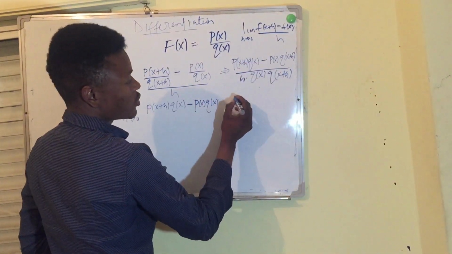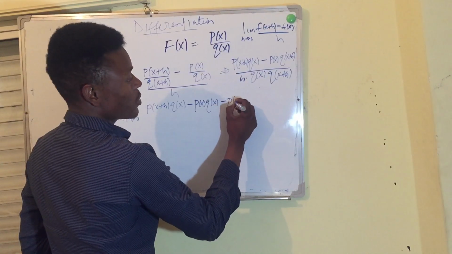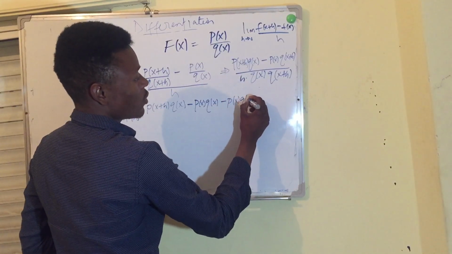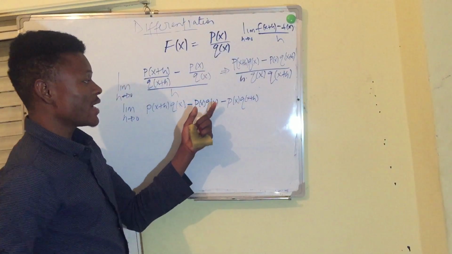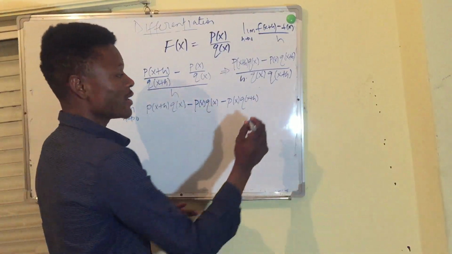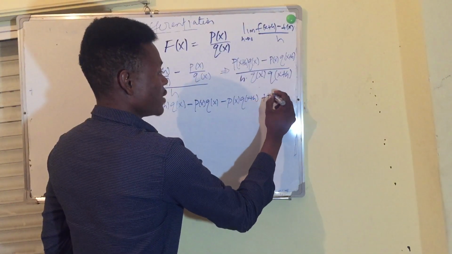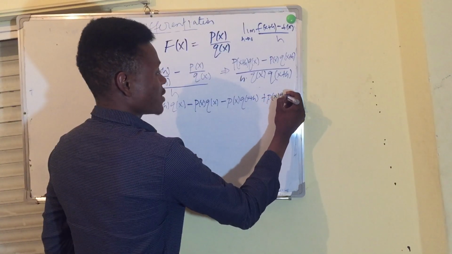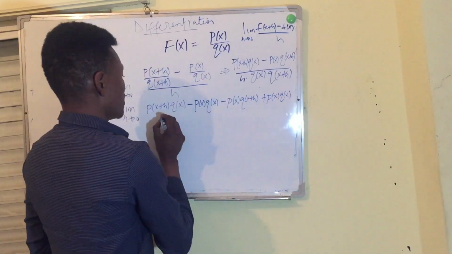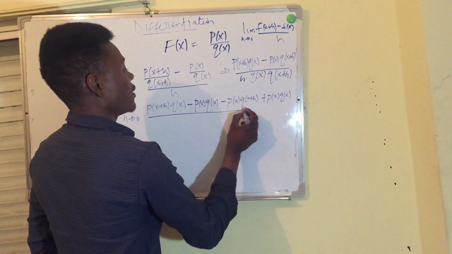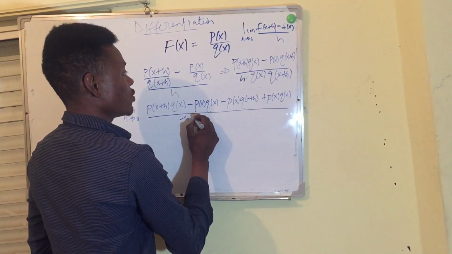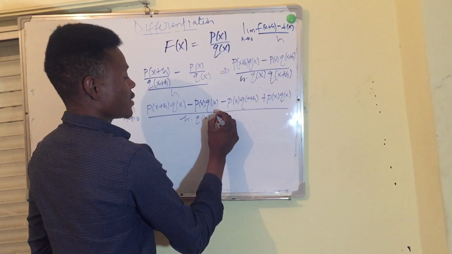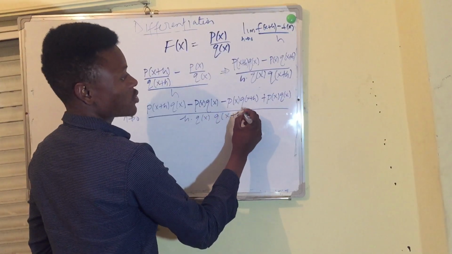Then in ci gaba da copying function din p of x, q of x plus h, saboda na yi subtracting wannan da imbalance na abun, let me add it, p of x, q of x, then divide by h, q of x, q of x plus h, for example.